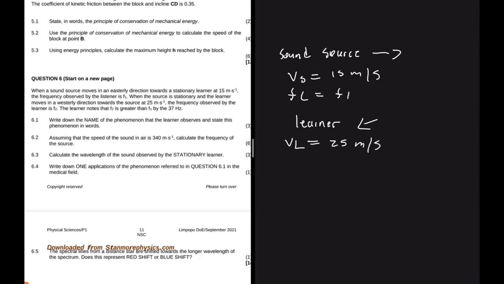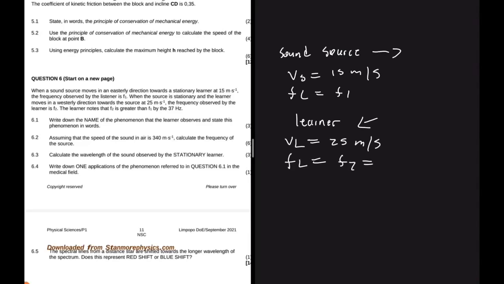The frequency observed by the learner is F2. It goes on to say that F2 is greater than F1 by 37 Hertz, so we're going to get F2 equals F1 plus 37 Hertz.